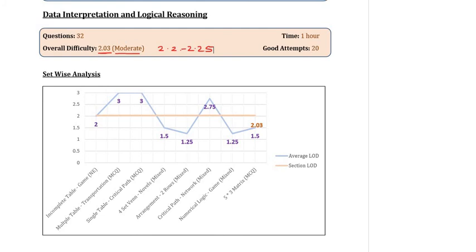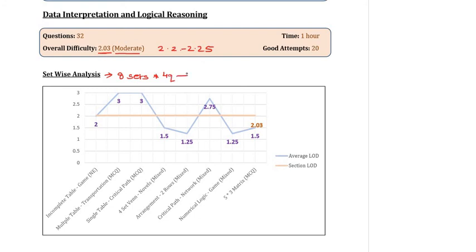However, unlike RC, one thing that remains constant is the fact that there are exactly 4 questions per set. So the number of questions per set is no longer a critical factor in deciding whether that set should have been attempted or not. So the typical breakup of the DILR section is that there are 8 sets with 4 questions each.